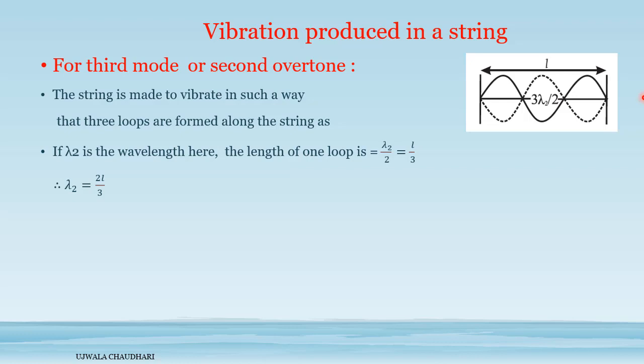So lambda 2 is equal to 2L upon 3. Therefore, the frequency of vibration is n2 equal to 1 upon lambda 2 root T by m, equal to 3 upon 2L root T by m. So 1 upon 2L root T by m is n, and we will get 3n.